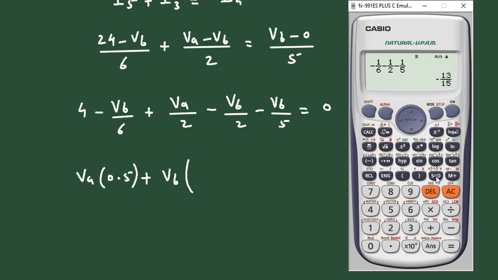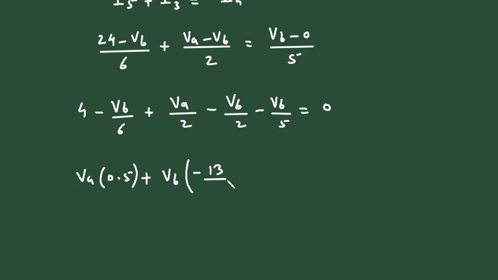So it is minus 13 by 15. Now if we take this 4 on right side, it will be minus 4. Let's say this is equation number 2.